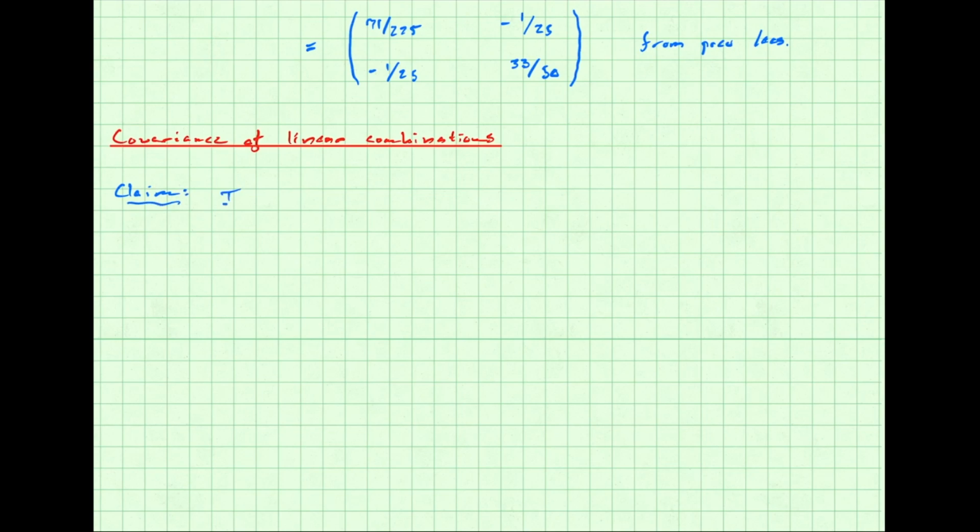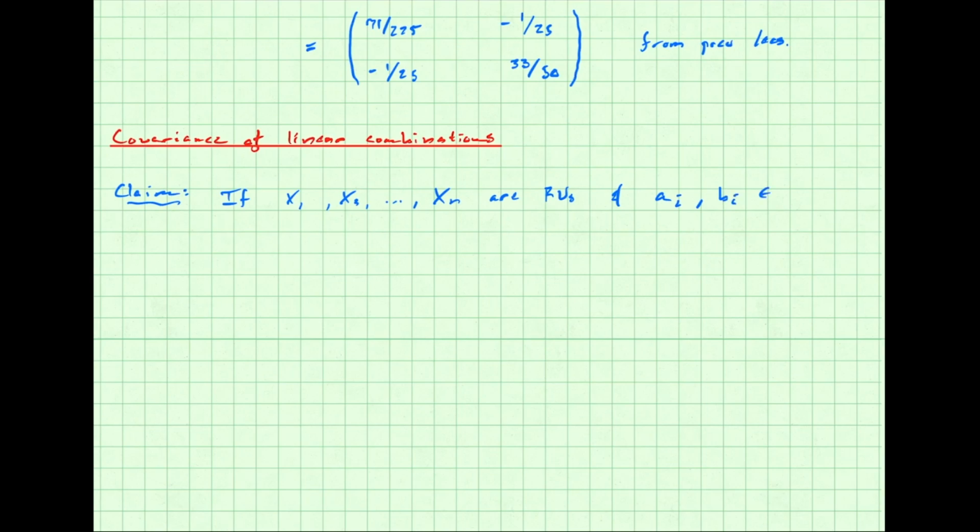If you have these random variables that we've been using, x1 up to xn, if these guys are random variables, and then let's suppose you have constants. I'll call them ai and bi.